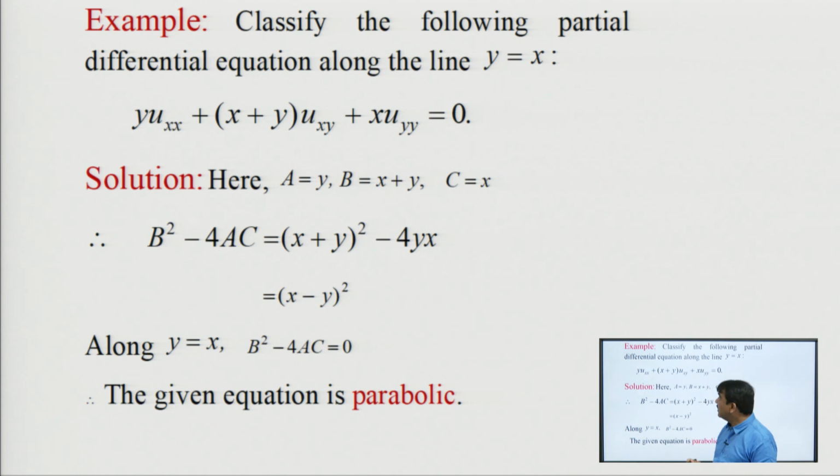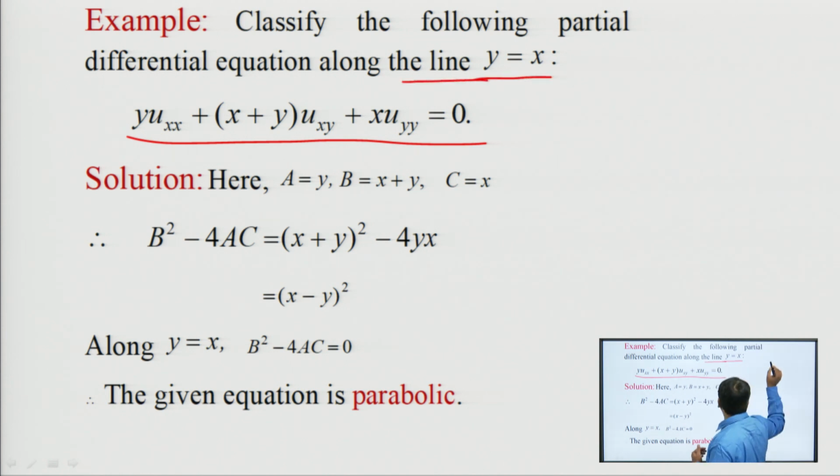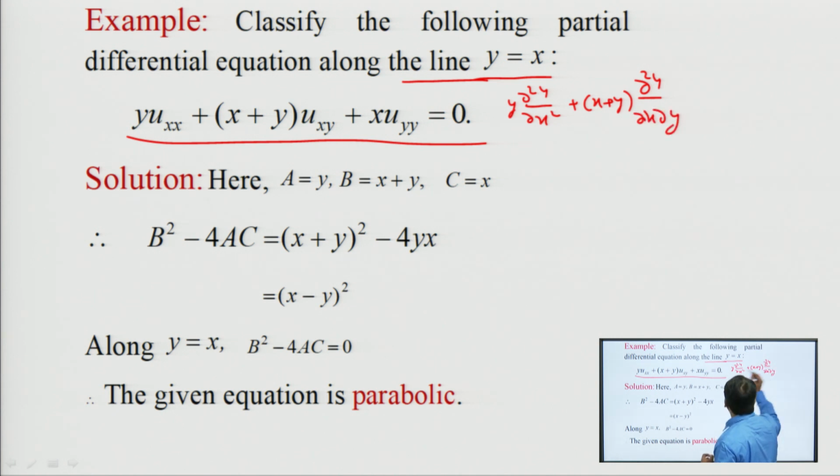Now, if we consider the next example, in this example we have considered this equation and we want to determine the nature of this partial differential equation along the line y is equal to x. So, this is y ∂²u/∂x² plus (x + y) ∂²u/∂x∂y plus x ∂²u/∂y² is equal to 0.